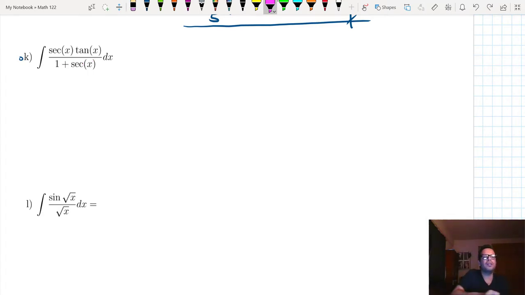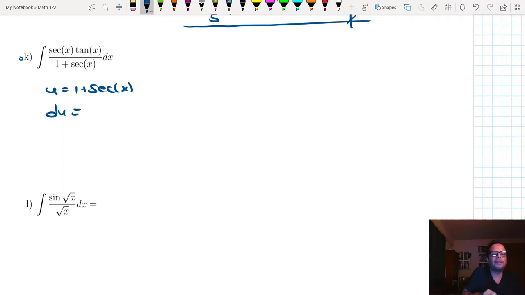If you try to differentiate secant tangent, you will have to use the product rule, and it's going to give us a huge expression. So we don't have that huge expression to work as the du. So that's why we take as our u the 1 plus secant of x.